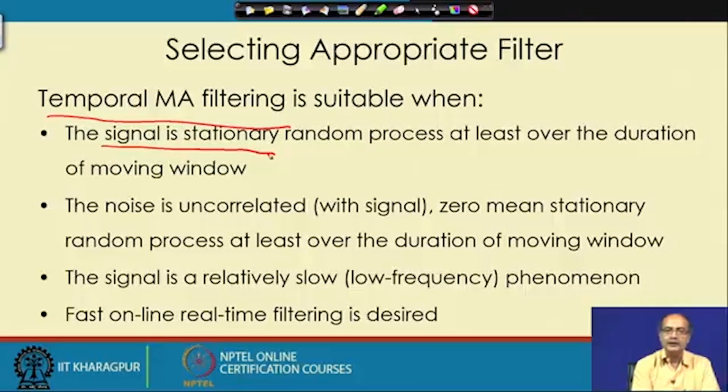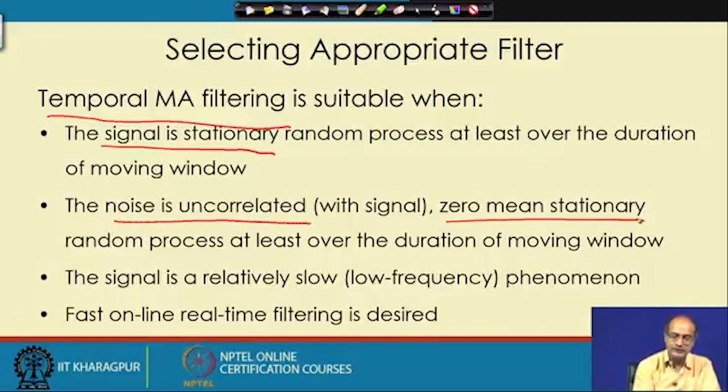We have a duration of the moving window filter or the MA filter, at least over that period it should be stationary, and again noise should be uncorrelated with the signal and a zero mean stationary process. Again it should be stationary at least over the duration of the moving window.